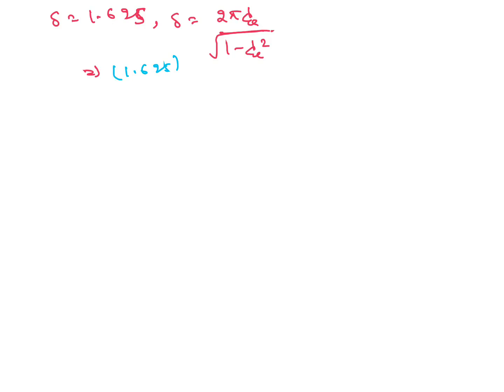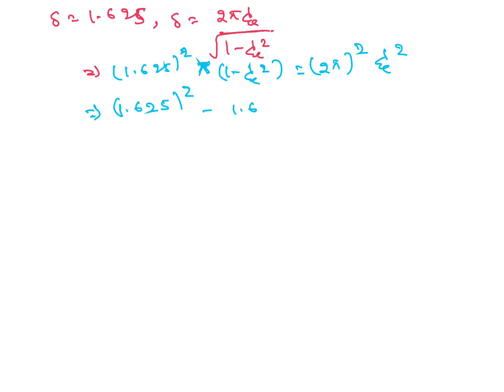Squaring both sides, this is 1.625 whole square into 1 minus zeta square equal to 2 pi square into zeta square. So 1.625 square minus 1.625 square into zeta square equal to 2 pi square into zeta square.